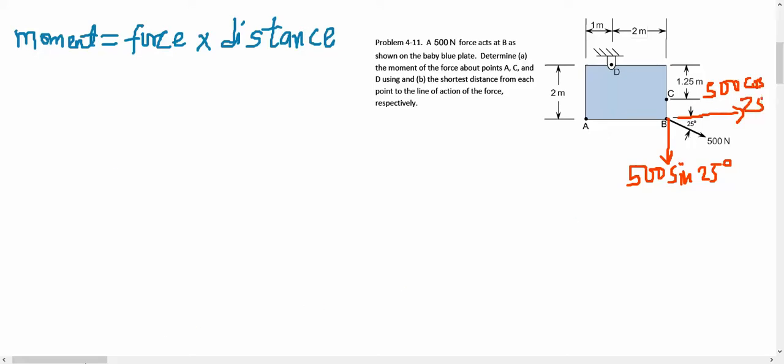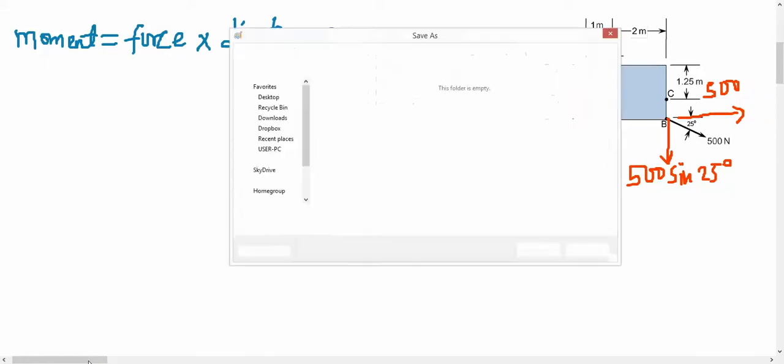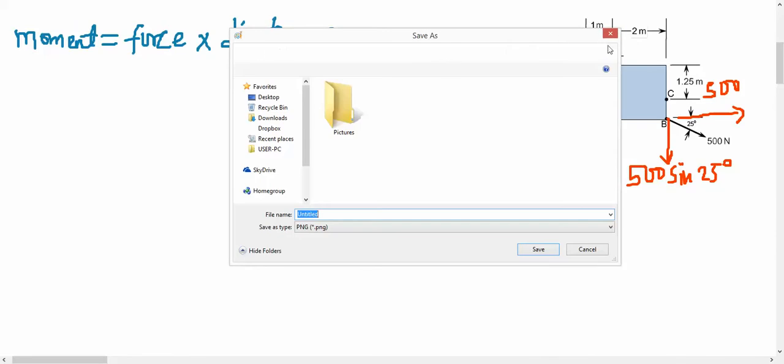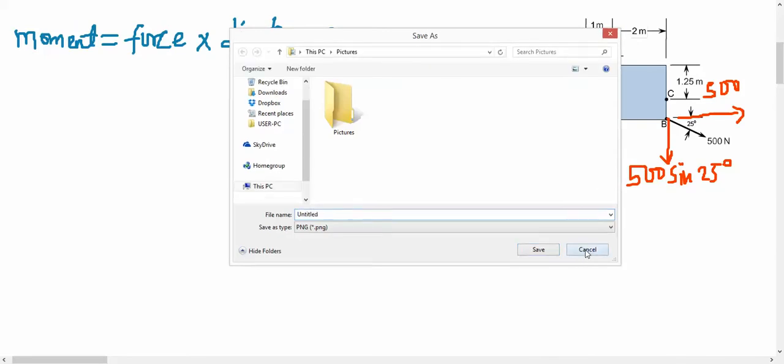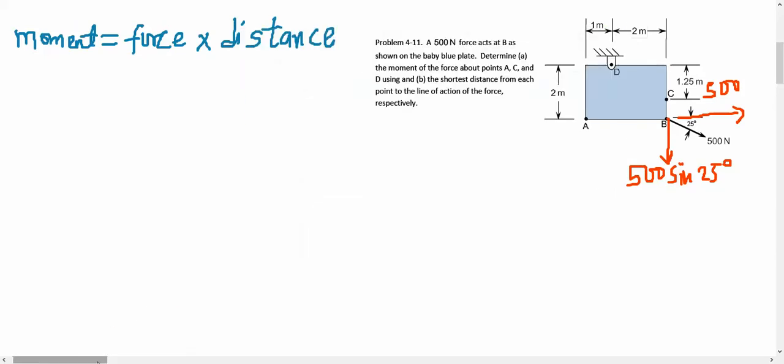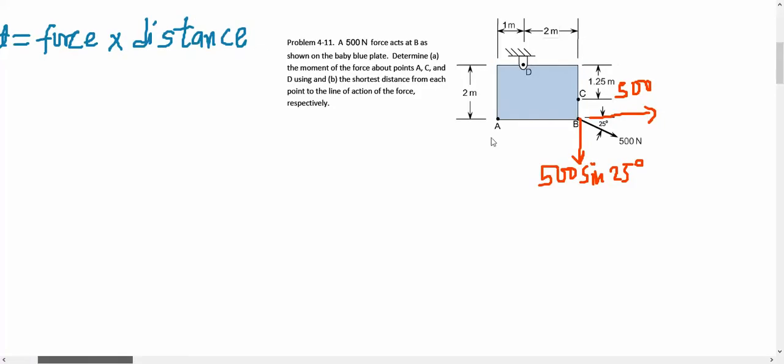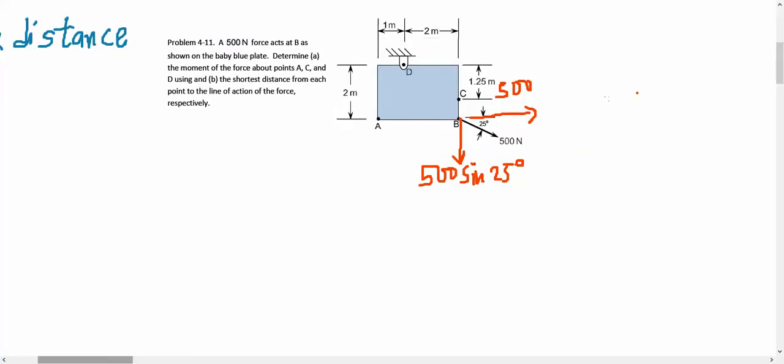I guess I have to squeeze it. See if I can make some more space over there. 500 cosine of 25 degrees. What else? That's the only force here.